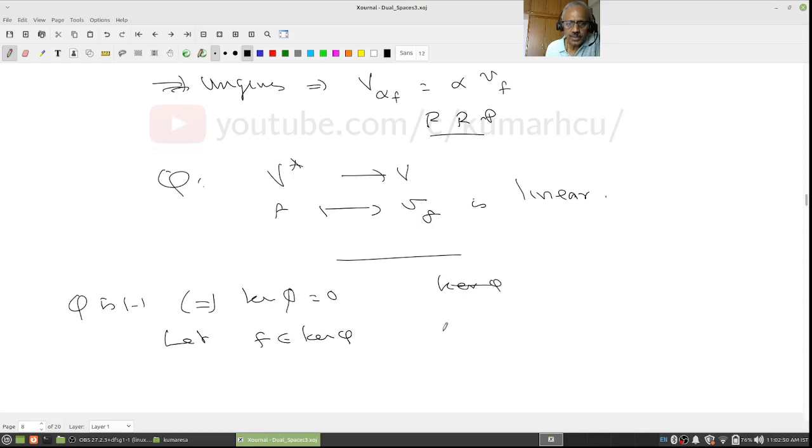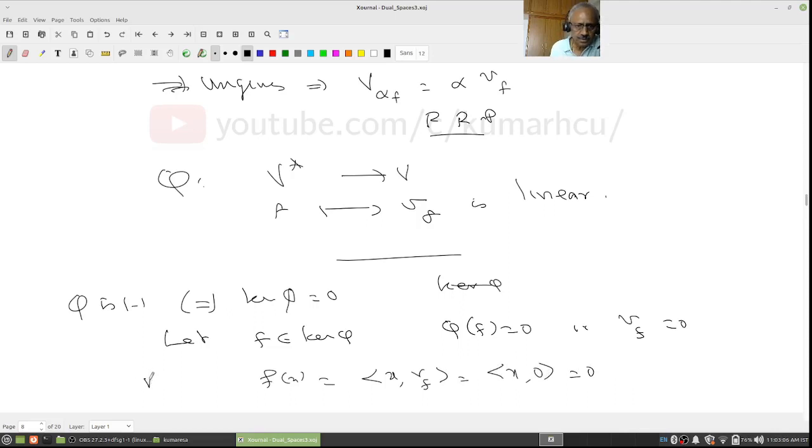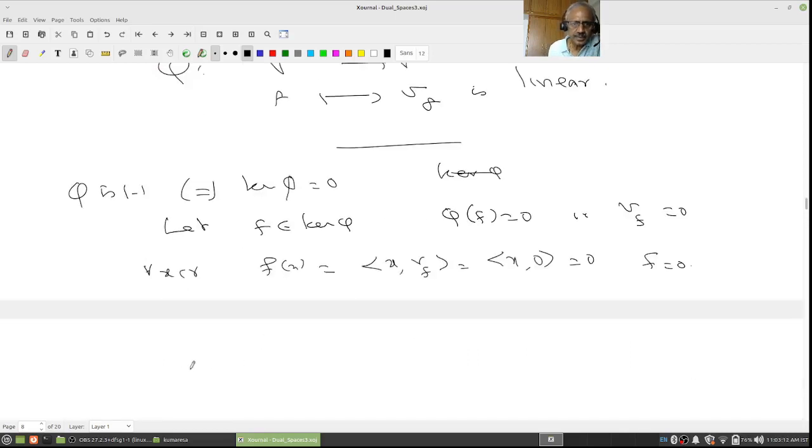That means what? Phi of f is 0. That is v_f is 0. That means f of x equal to the inner product of x with v_f, that is the inner product of x with 0, that is 0. This is true for all x in V, therefore f is 0. So if f belongs to kernel of phi, then f is 0, therefore phi is one-one.